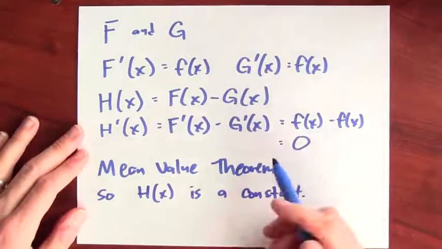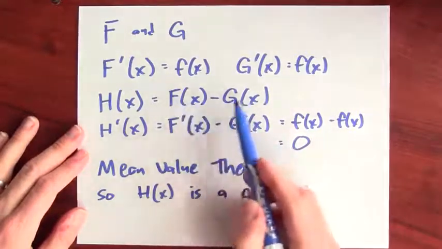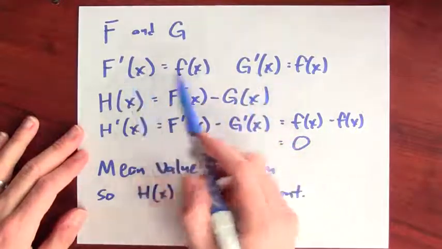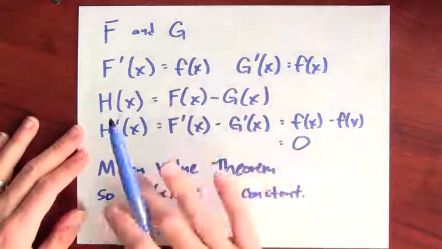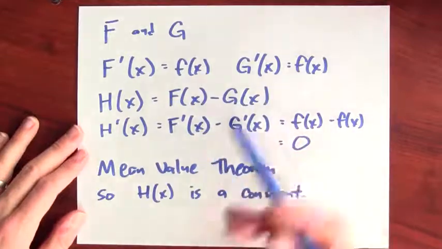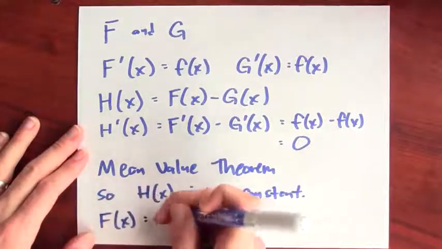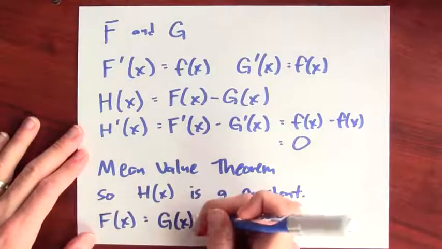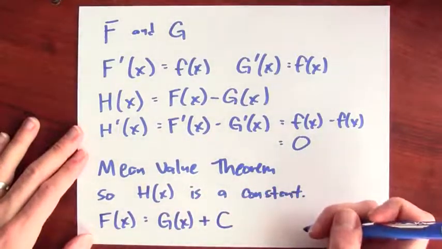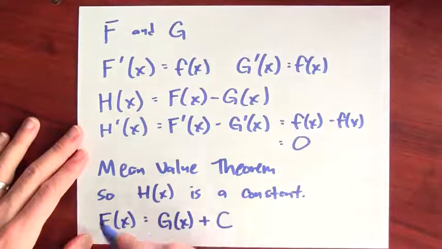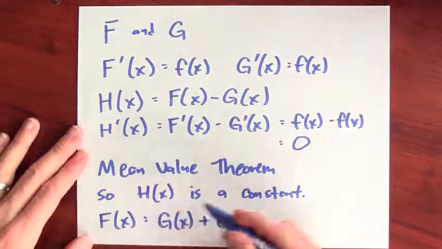Now what that means is that the difference between F and G, these two antiderivatives for little f, is just some fixed constant, right? In other words, F of x is equal to G of x plus some constant. And this is exactly what we're trying to get at, right?